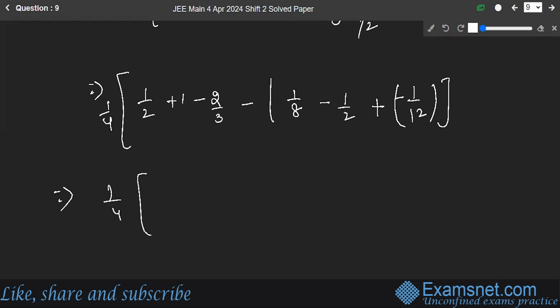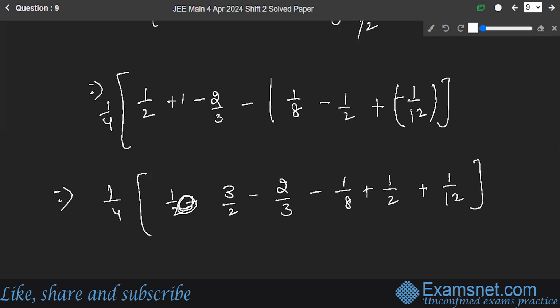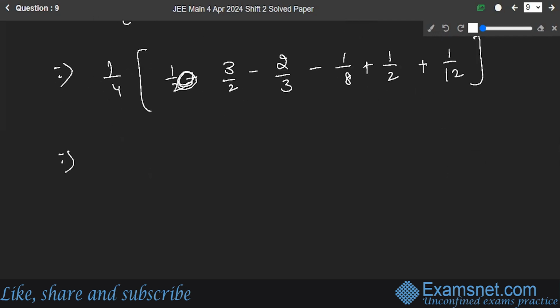So let's solve this. 1 by 4 outside. This is 1 by 2 plus 1, which is 3 by 2, minus 2 by 3, minus this, which will be plus 1 by 2 plus 1 by 12. Let's take the LCM, with 1 by 24 outside, and the LCM will be 24.